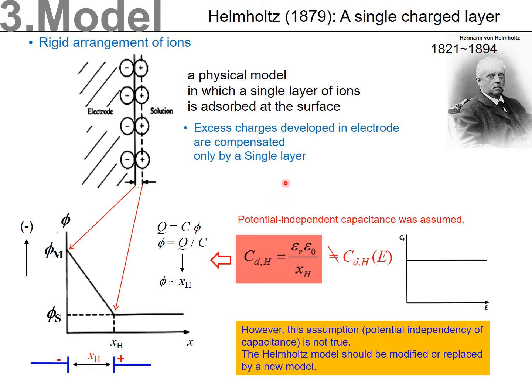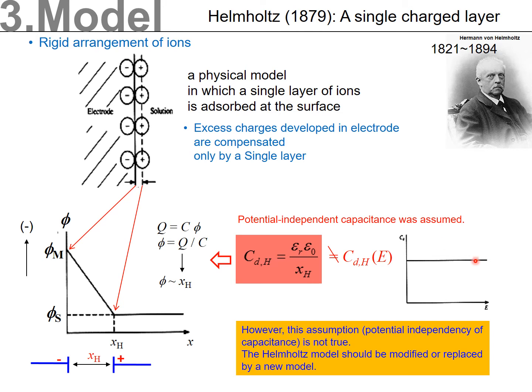In this model, potential independent capacitance was assumed. So, the capacitance of the double layer by Helmholtz is not a function of potential. Capacitance is independent of potential, constant with respect to potential.